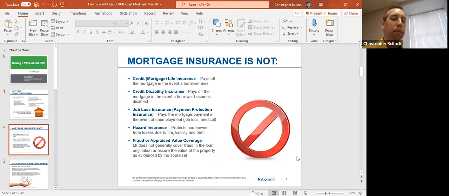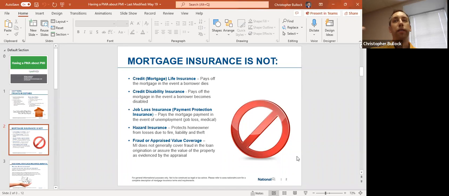This is probably pretty obvious to everyone here, but something I like to point out to buyers, sometimes they think it operates like any other insurance would operate, like it's going to cover your life insurance. If you died, the mortgage would somehow be covered, or hazard insurance. It's not going to protect you from your roof being damaged in a storm or anything.